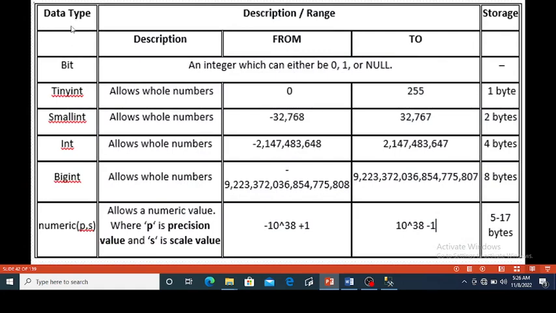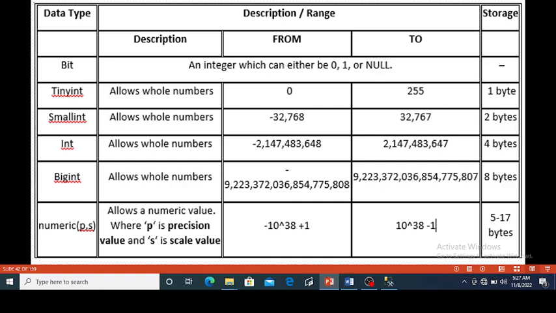You have the data type here, you have the description, then from and to, this is the range, then the storage. You see bit. In a computer, a bit is 1 or 0, or null.